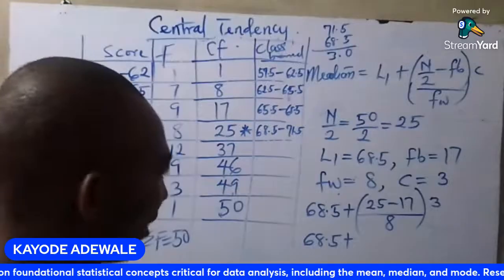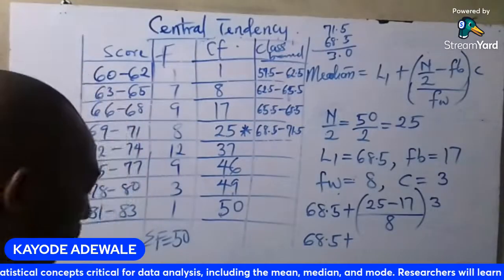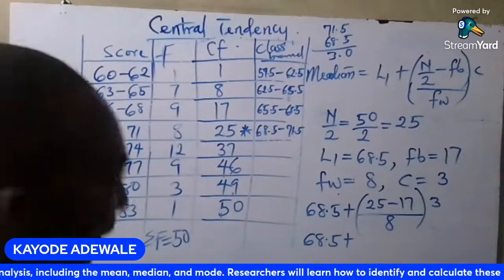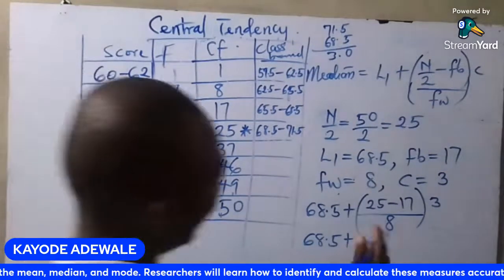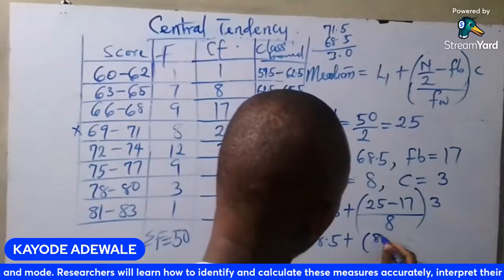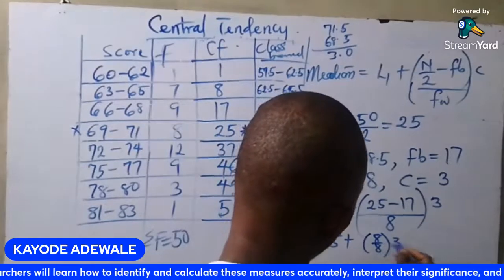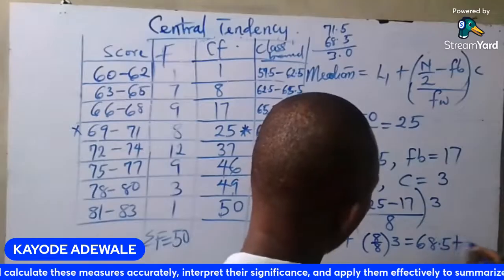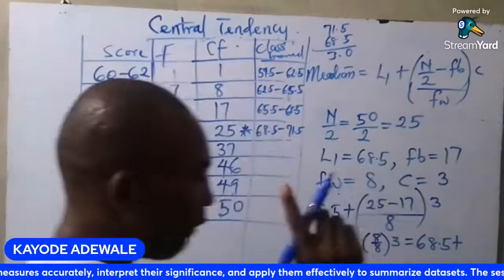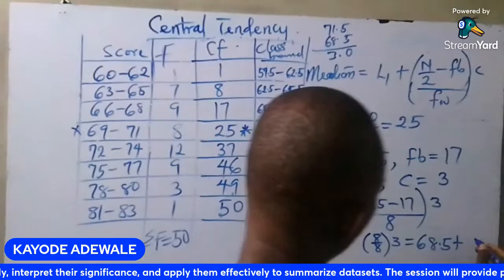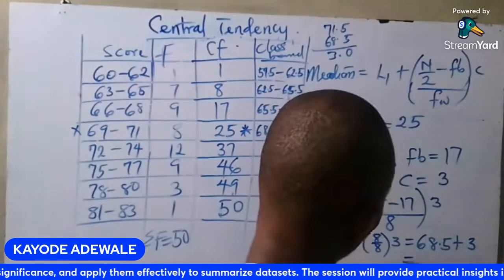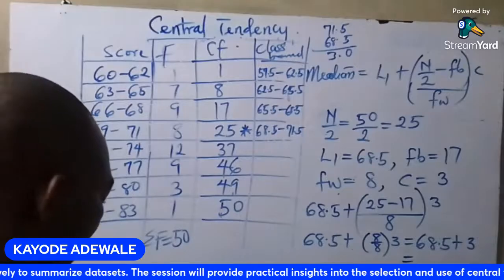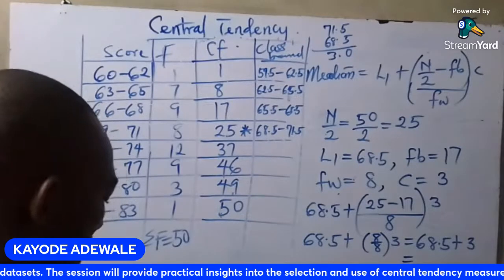Take 17 away from 25, that will give you 8. So this will give you 8 divided by 8 multiplied by 3. So this will be 68.5 plus 8 divided by 8, which gives us 1. 1 multiplied by 3 gives us 3. So that means you are going to add 68.5 plus 3.